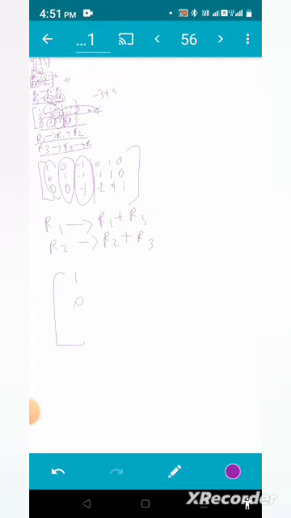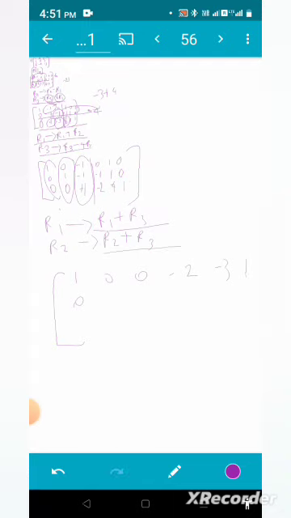First row is R1 plus R3. 1 plus 0 is 1. 0 plus 0 is 0. Minus 1 plus 1 is 0. Here it is plus 1, so minus 1 and plus 1 is 0. 0 minus 2, that is minus 2. 1 minus 4, that is minus 3. 0 minus 0 plus 1, that is plus 1.